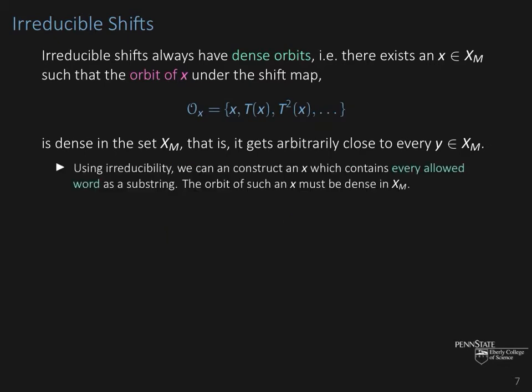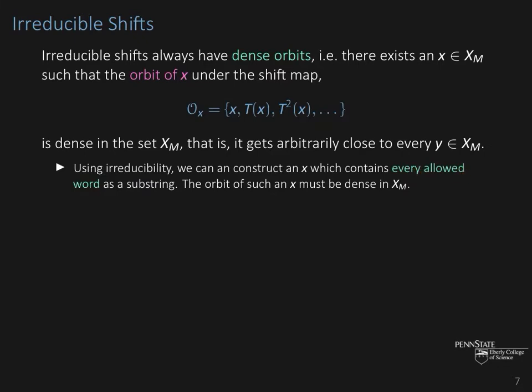So why is it true that irreducible shifts always have dense orbits? Well, the reason is, using irreducibility, we can construct an x which contains every allowed word as a substring. Suppose we want to construct our x and we want to include a certain allowed word.